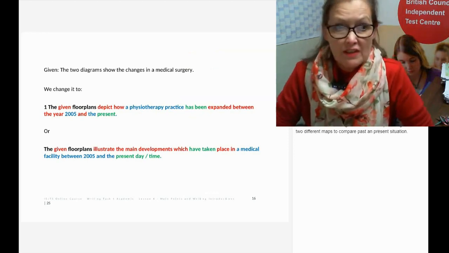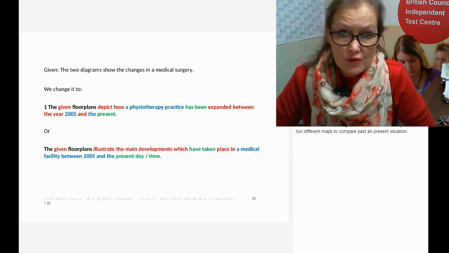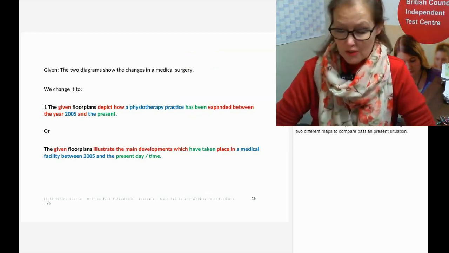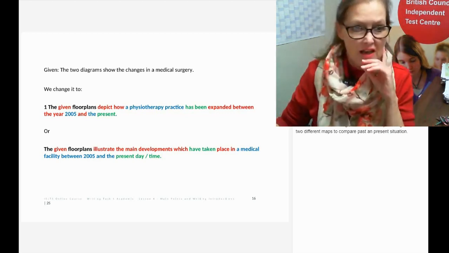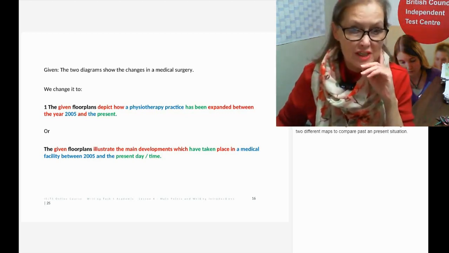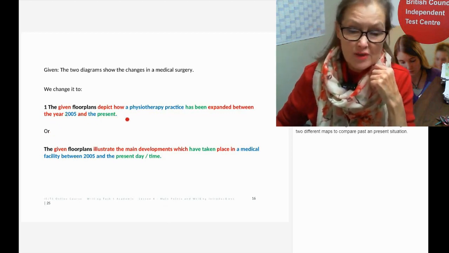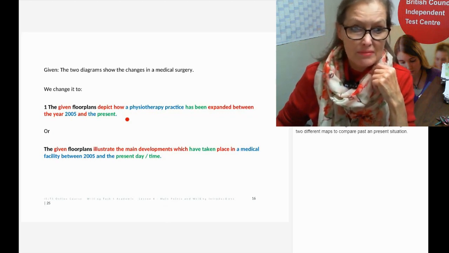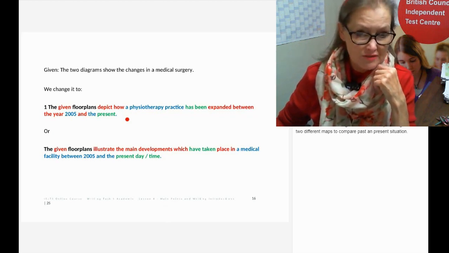So we were given the two diagrams show the changes in a medical surgery. Now just read along with me. We change it to the given floor plans depict how a physiotherapy practice has been expanded between the year 2005 and the present.